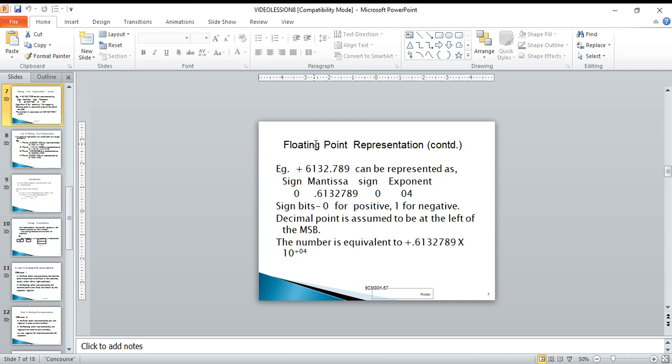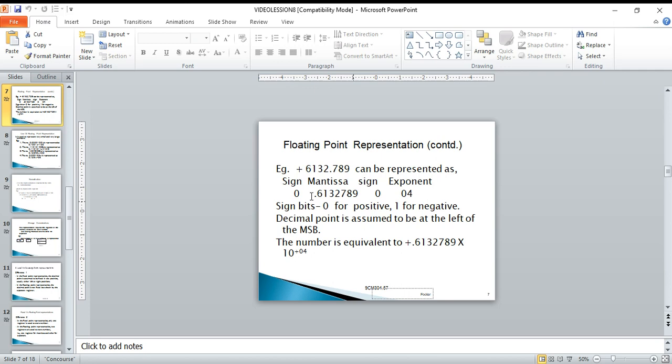How can you represent it? Sign bit, then dot, this is the mantissa, and then e to the power of exponent value. Here I just moved this decimal point towards the right. Towards right means we will get the positive 4 value.